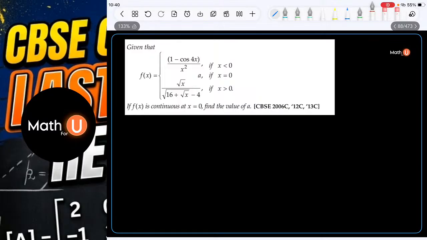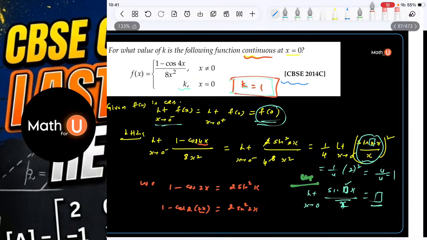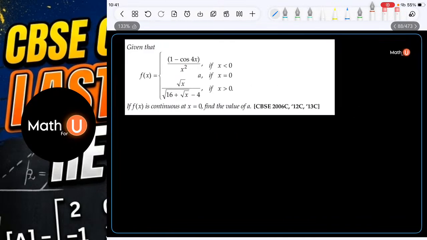Okay, next, this is the question. This is the same question here. For the left hand limit, the function is the same, and we got the left hand limit equal to 1.